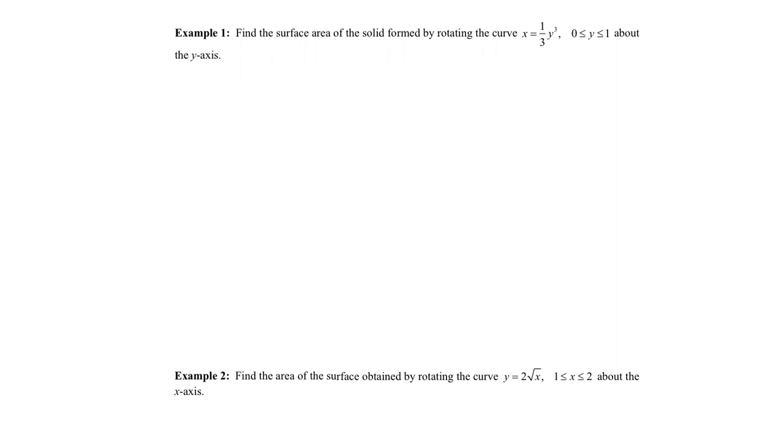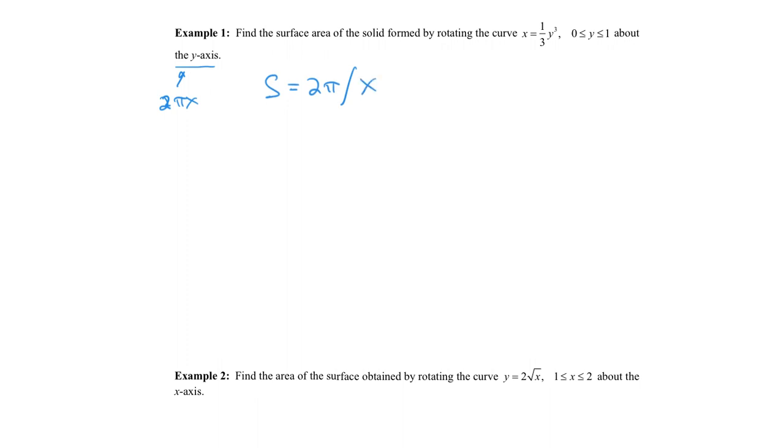So first notice that it's about the y-axis. That means we're going to use 2 pi x, because it's going about the y-axis. So we can write our formula down here. The surface area is going to be 2 pi, the integral of x.